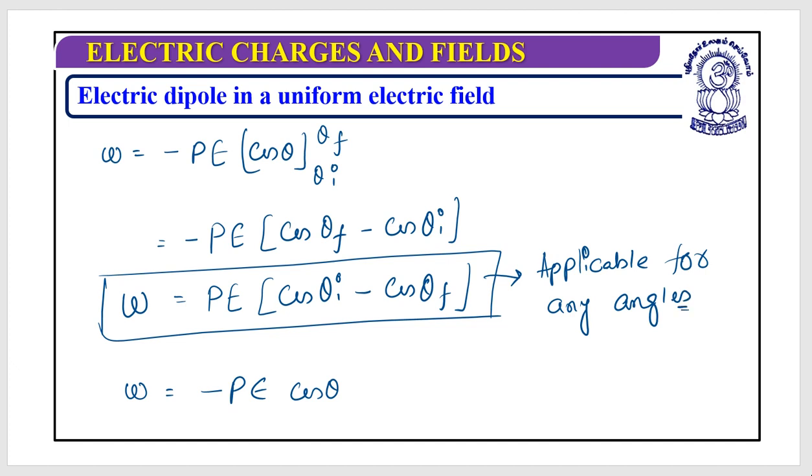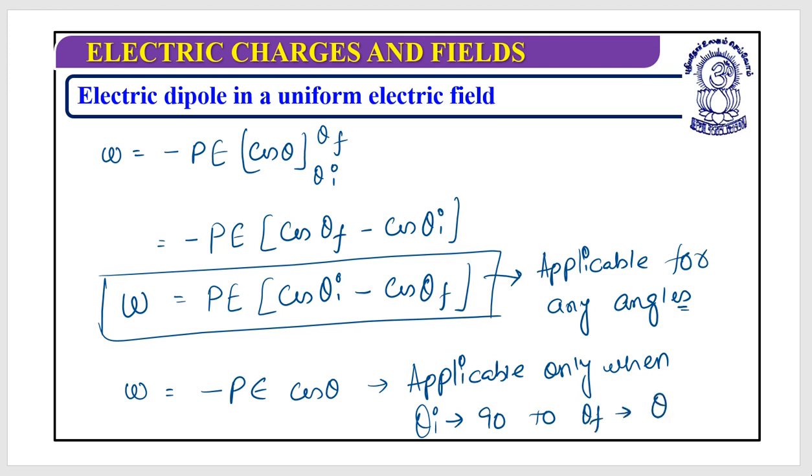This one is applicable only when theta initial is 90 degree and theta final is theta. So you need to remember these two formulas. One is the work done equals PE into bracket cos theta initial minus cos theta final, and another is the work done equals minus PE cos theta.